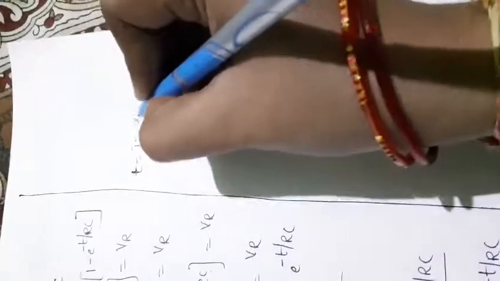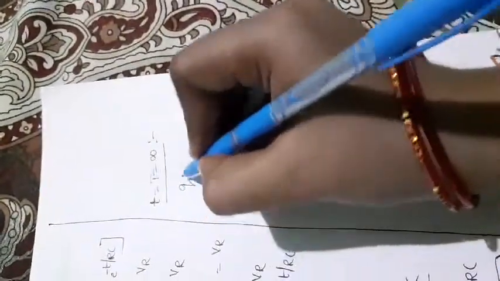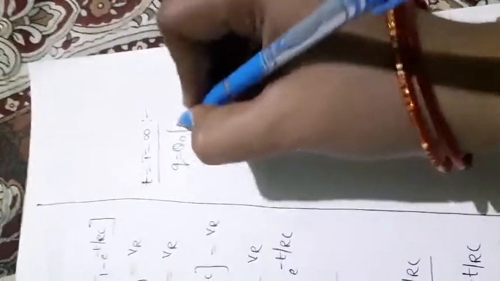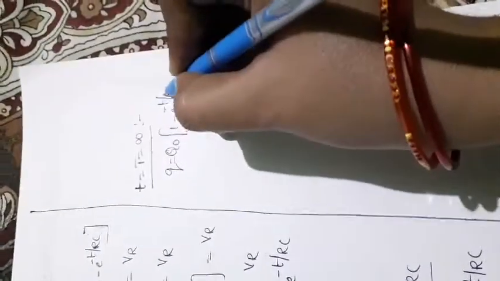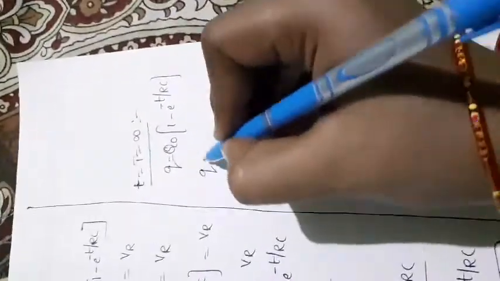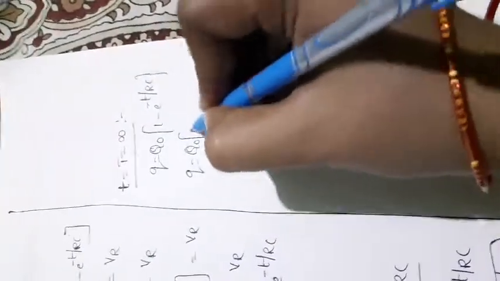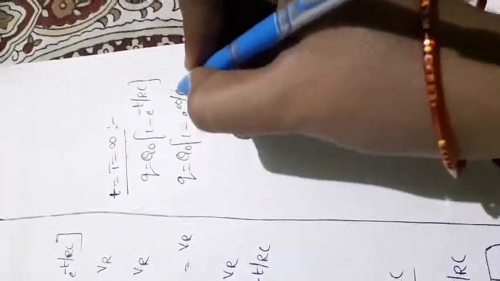Now we'll come to the next one: t is equal to infinite. We substitute in Q is equal to Q naught into 1 minus e power minus t by RC. So Q is equal to Q naught into 1 minus e power minus infinite by RC.